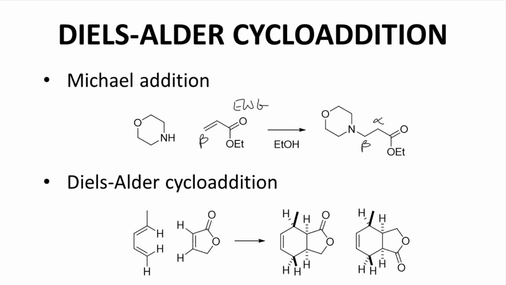In the second reaction, we have a Diels-Alder cycloaddition. This addition is distinctive because you have a net breakage of 2 pi bonds and a net formation of 2 sigma bonds. The reaction also makes a ring, hence the cyclo in cycloaddition. The addition occurs in one step and is a syn addition.